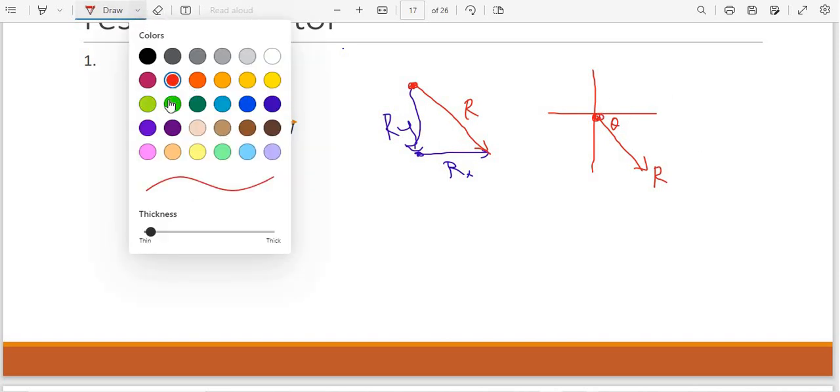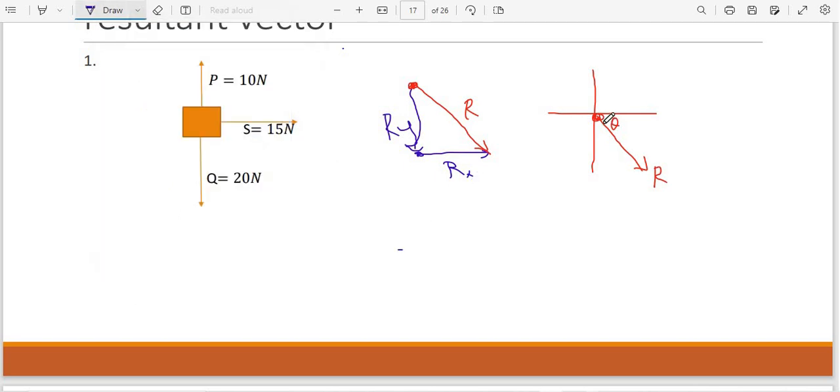And if you like, you can draw the copies of rx and ry. That will be rx over there, and that one will be a copy of ry. The angle there will be 90 degrees.